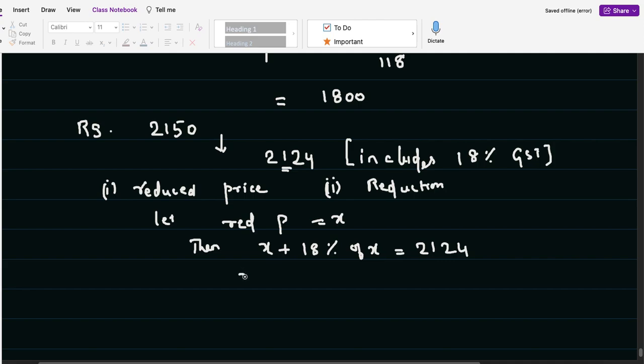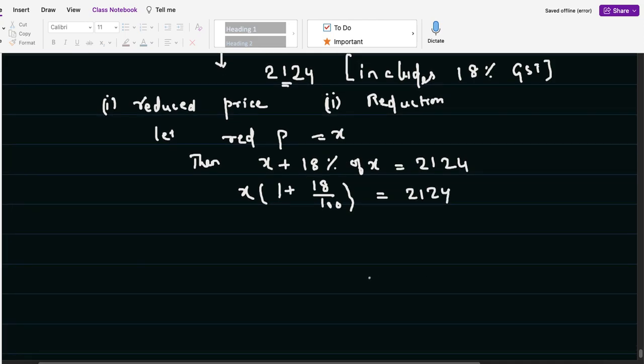X times 1 plus 18 by 100, because 18% means 18 by 100, equal to 2124. So upon solving, 118 by 100 equal to this, X equal to 2124 multiplied by 100 divided by 118.